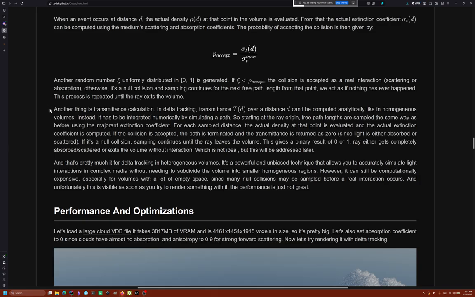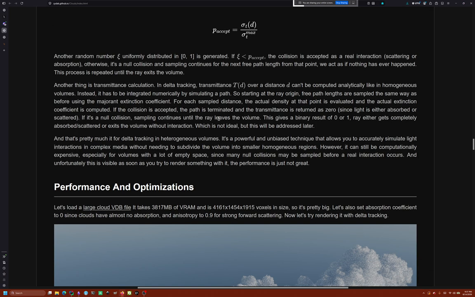Okay. Yeah, another thing is transmittance calculation. In delta tracking, transmittance over a distance d can't be computed analytically, like it can be in homogeneous volumes. Instead, you have to integrate numerically by simulating a path. So starting at the ray origin, free path lengths are sampled the same way as before, using this maximum extinction coefficient.